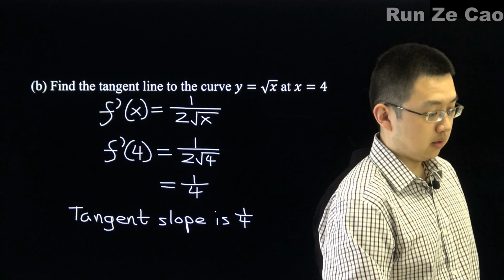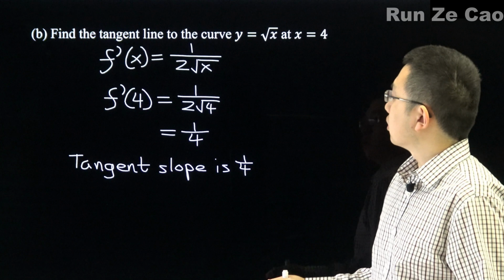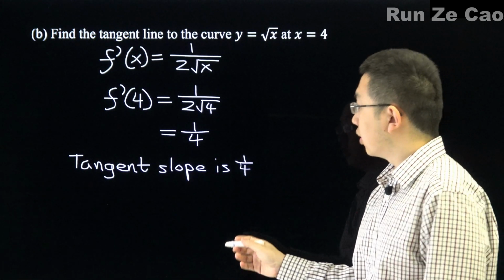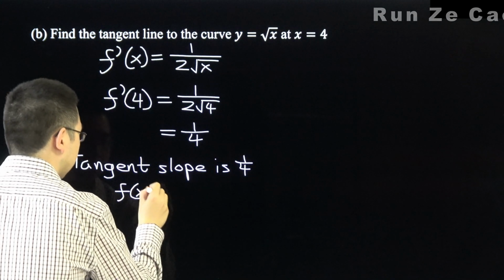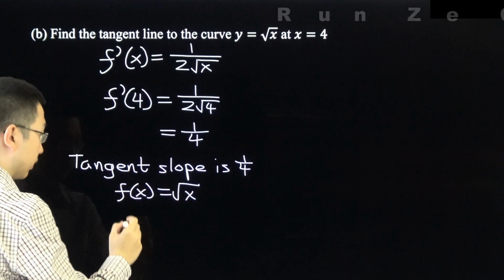Now, often, once you get more experienced with this stuff, you won't necessarily write this. You just go straight to f of x equals root x. Sometimes you might even skip this one.